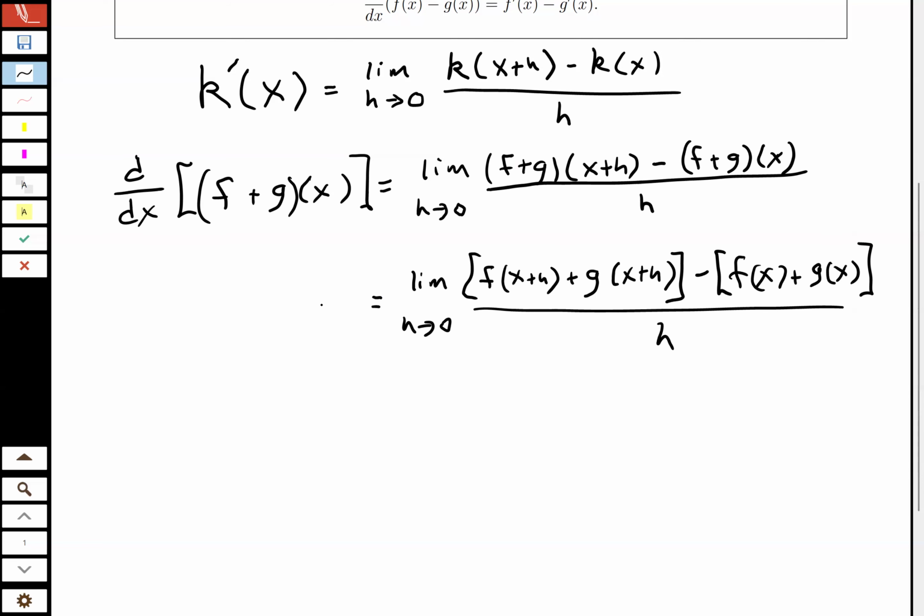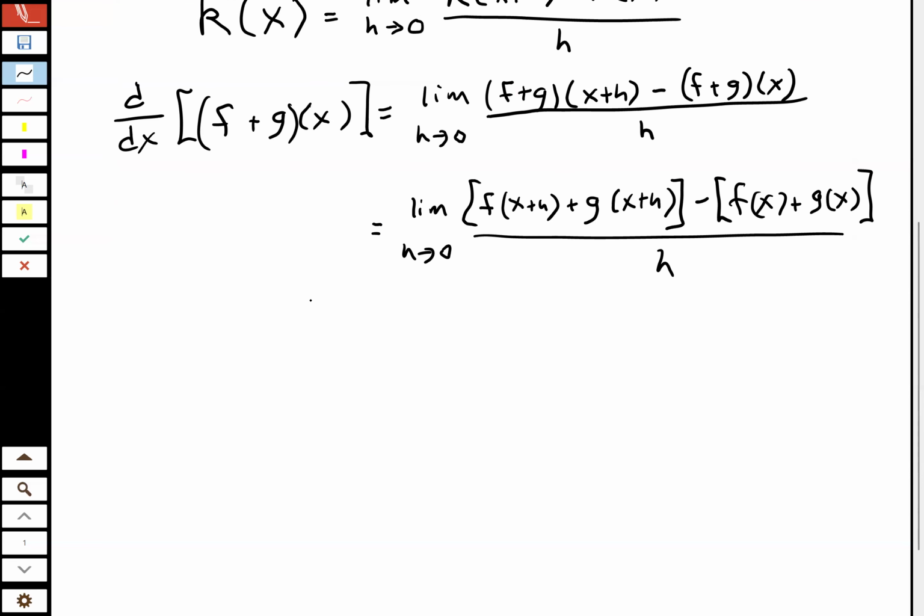Now I'm going to combine some like terms here, like in the sense that I'm trying to group together similar functions. So for example, I have this f of x plus h minus this f of x. So I could write that as f of x plus h minus f of x.